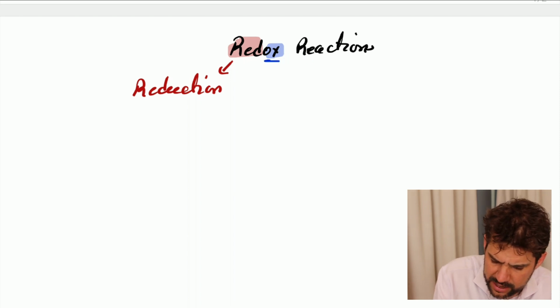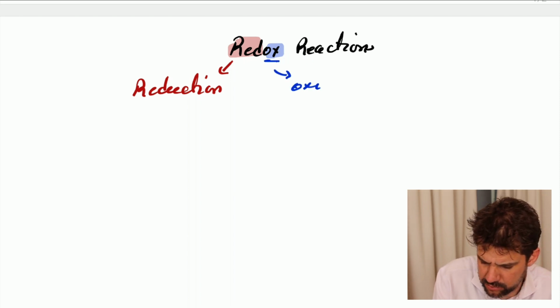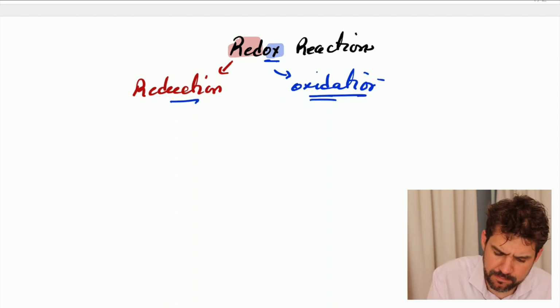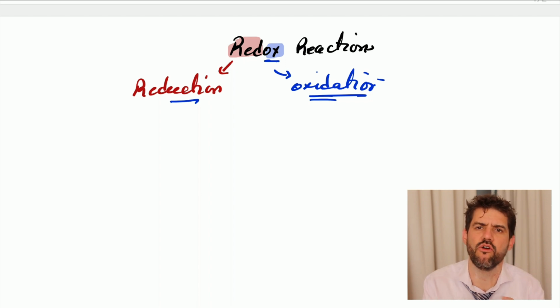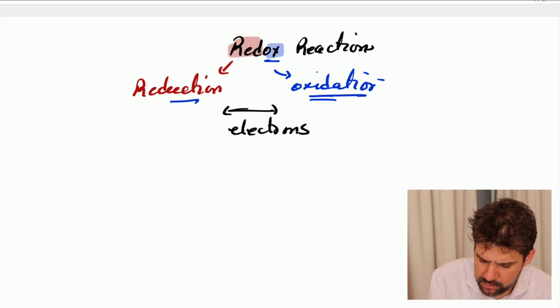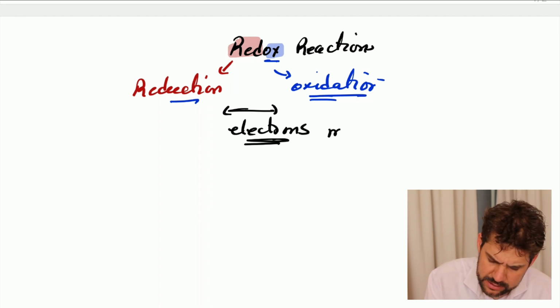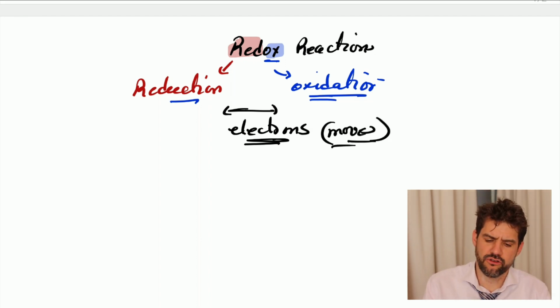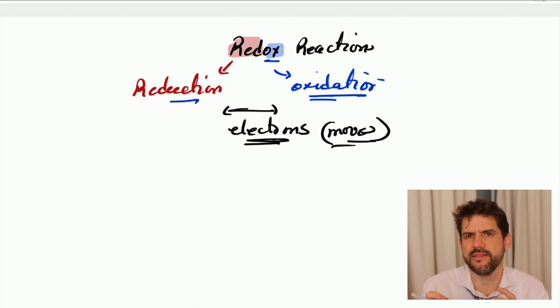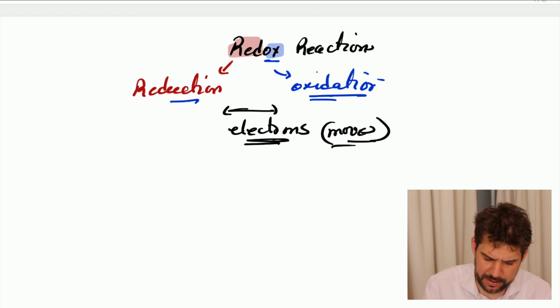Ox stands for oxidation. In both of them, the main thing is that electrons are going to be transferred. So electrons are going to move. All right, so let's define reduction and oxidation in terms of electron transfer.